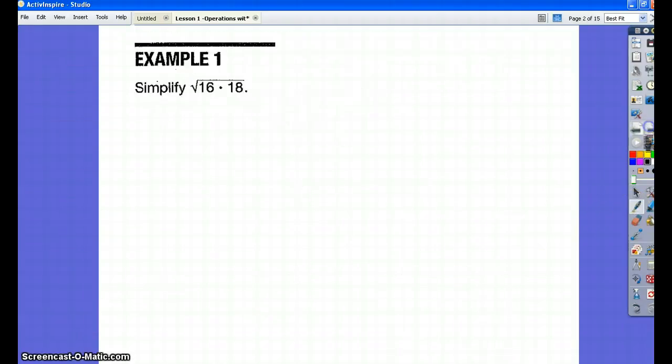Okay, so let's look at a couple examples. So the square root of 16 times 18. There's no necessarily right way to do it. You could multiply those two numbers out and break it down, but I think the easiest thing is just to separate it as the square root of 16 times the square root of 18, and you break them down like that.